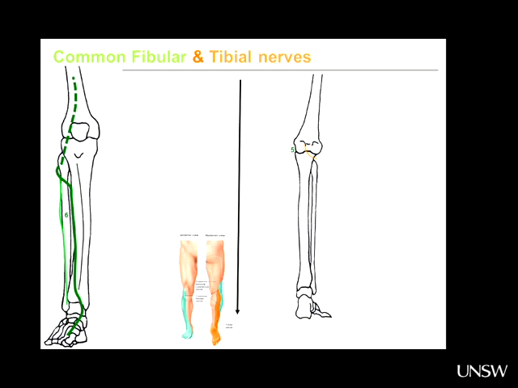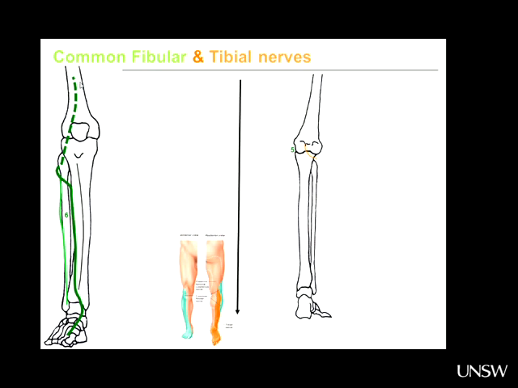So if we look at the common fibular nerve quickly, here's the common fibular nerve. The sciatic nerve actually divides into the common fibular and the tibial nerve. It does this posteriorly in the thigh, and as it divides into the common fibular nerve, you'll see that the common fibular nerve winds around the head or the neck of the fibula to come and lie anterolaterally.